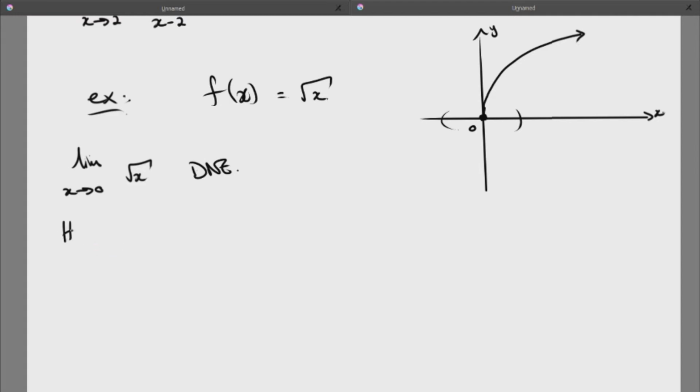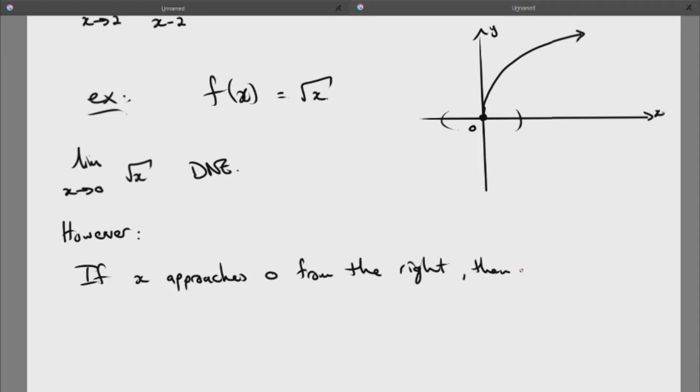We could, however, say, I'll say it in words again. If x approaches 0 from the right only, then everything is fine. I'm going to squeeze it in.